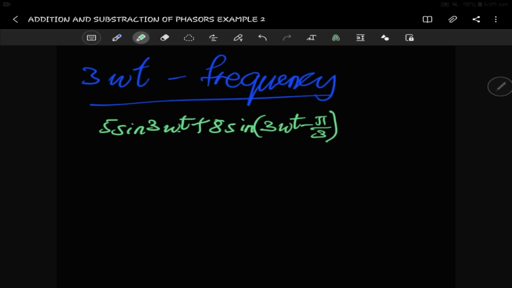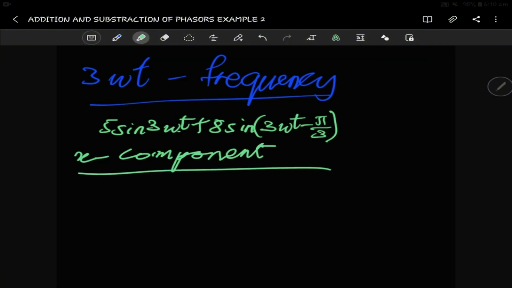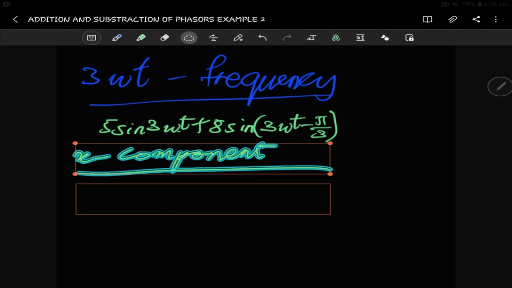So now you're going to find the x components. To do that, let's see if we can make a small representation here, just to solidify our understanding of what we are doing.